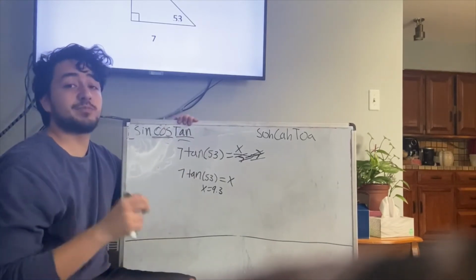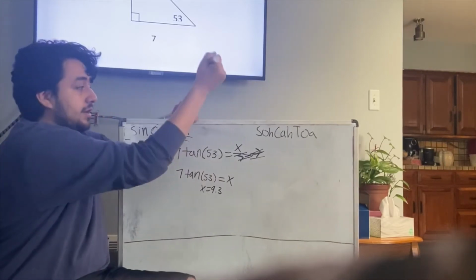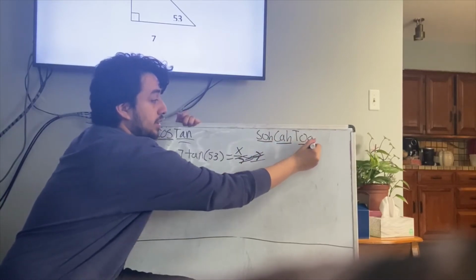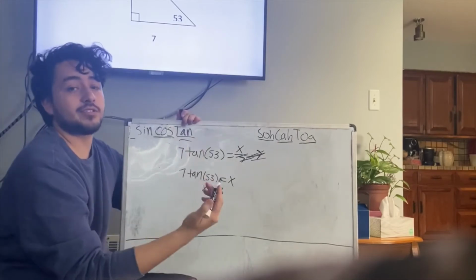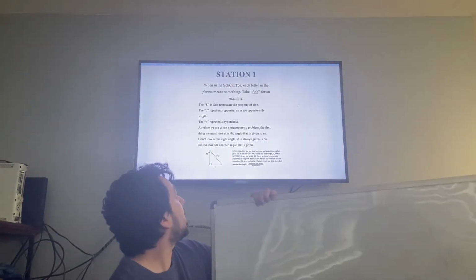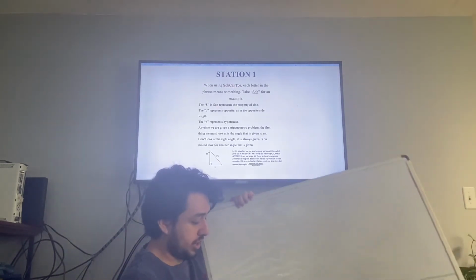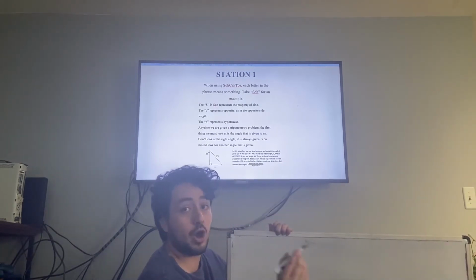And we're going to go specifically with each one of SOHCAHTOA. Don't forget our SOHCAHTOA. We're going to go over specifically what these mean, how we use them, and what it's trying to tell us. Okay, so I designed stations for all y'all. Station 1 is going to represent SO in SOHCAHTOA.